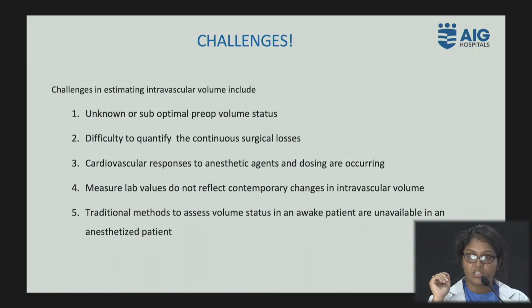Responses to the anesthetic agents are often changing because we'll be changing the doses of the agents. And the lab values cannot guide us properly because they give an impression about that particular point of time, not a prolonged thing. And the traditional methods like thirst cannot be used in an anesthetized patient.